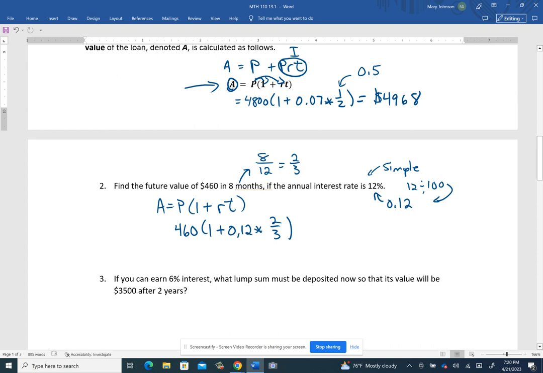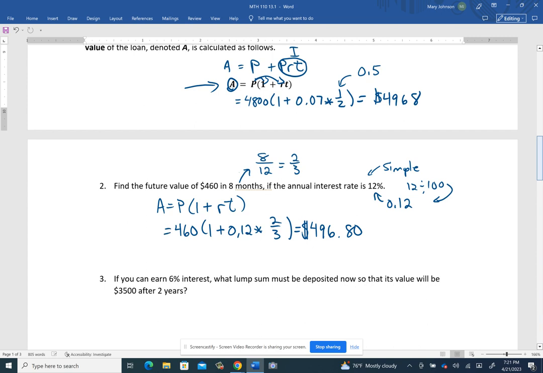But 2/3 would be 0.6 repeating, and if you put in 0.6, that would be completely wrong. If you put in 0.7, which would be correct in terms of the rounding, you've still rounded, so you're not really getting an exact answer. It's best just to leave the fraction as 2/3. And then this would wind up being $496.80 when you're finished.